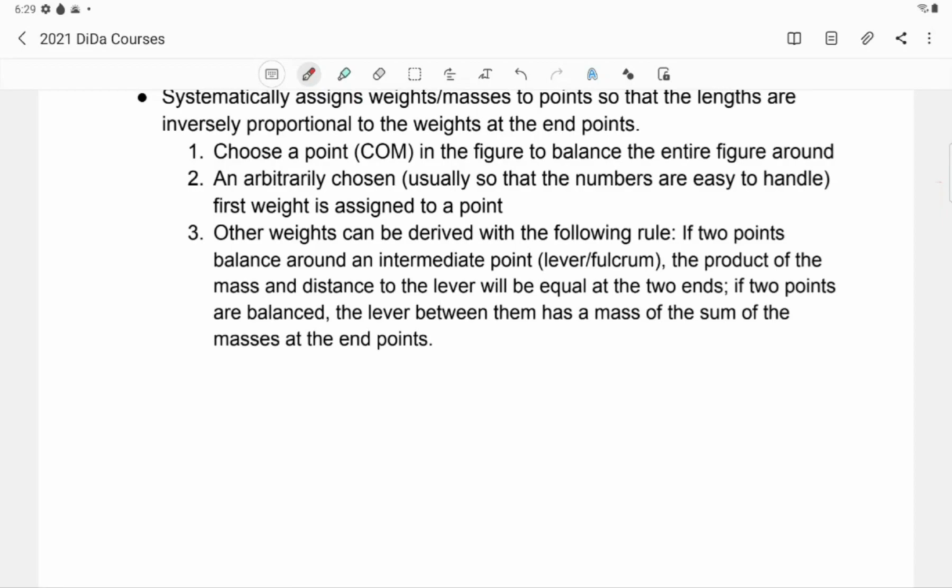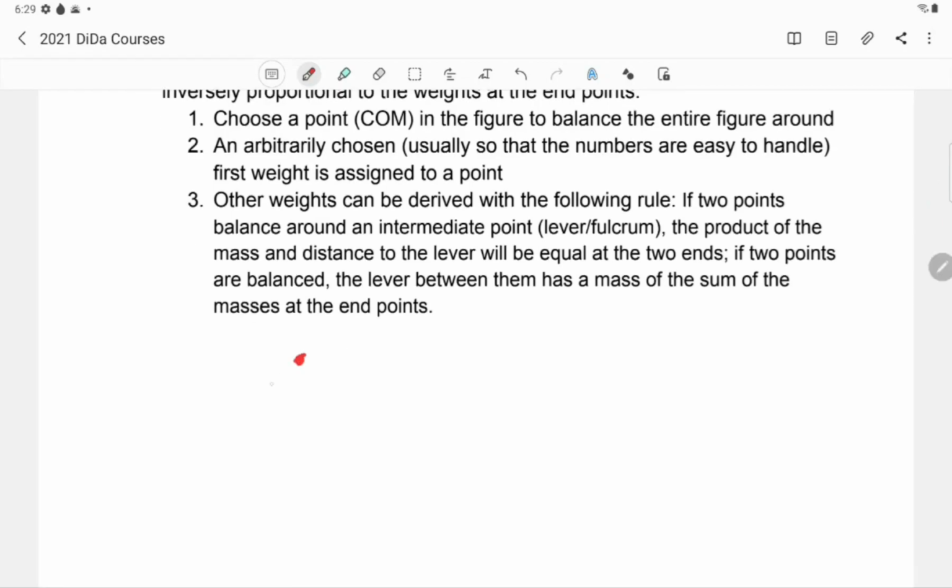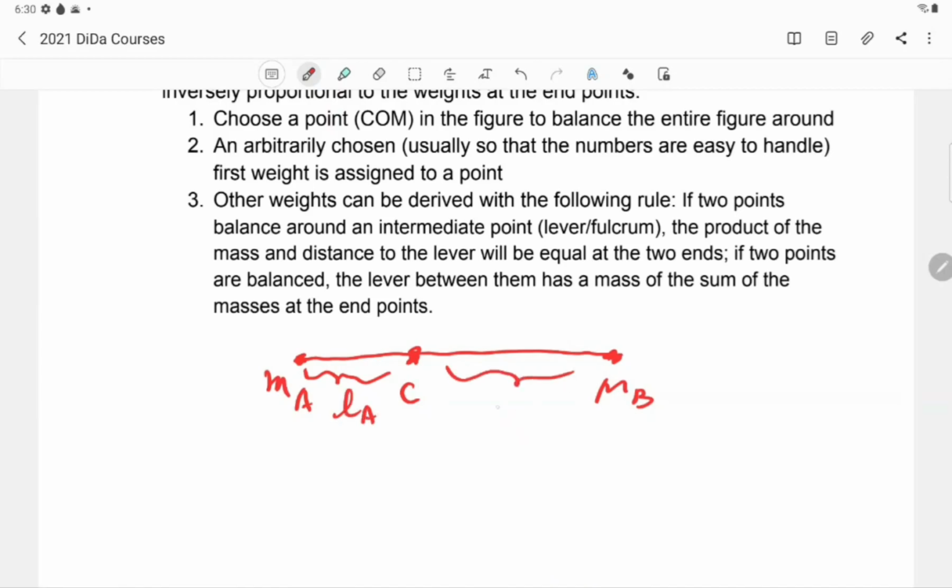So basically, let's say you have two masses, MA and MB, and between them there is a lever point, let's say it's C. To balance the two masses, MA and MB, around C, using C as the lever or the fulcrum, let me denote this line segment as LA, and this one as LB.